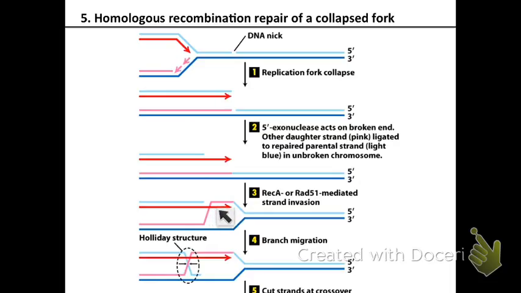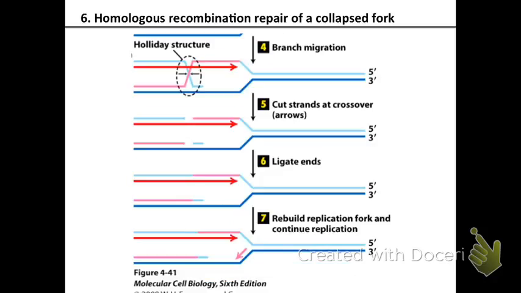So it invades the sister chromatid, and through that invasion, through RAD51, this branch is going to migrate. That is what we call the Holliday structure. The migration continues until the Holliday structure is resolved. Now you end up with the newly synthesized strand that's continuous and a couple of nicks in the other strands.